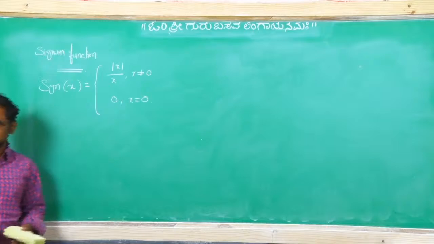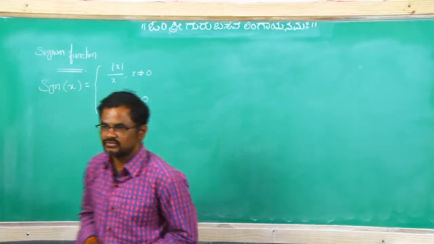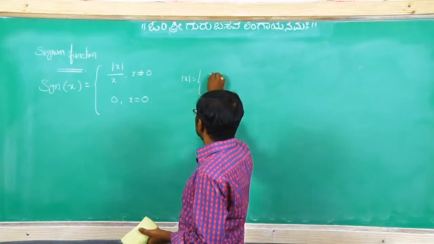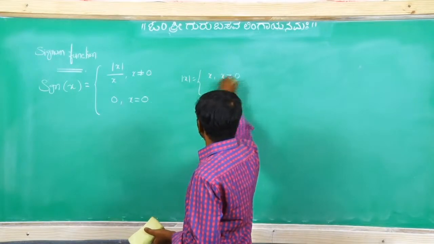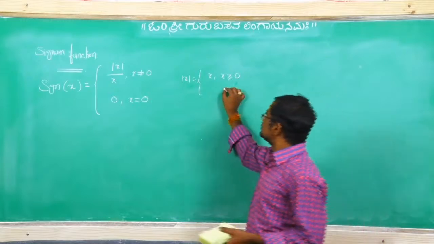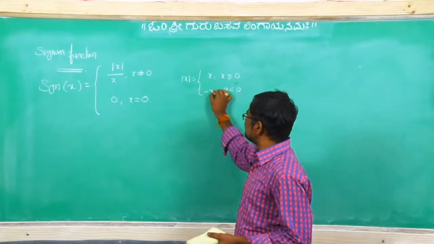But we know from the modulus function that mod x equals x for x greater than or equal to 0. Equal to 0 means you will get 0. So for x less than 0, what will you get? Minus x.